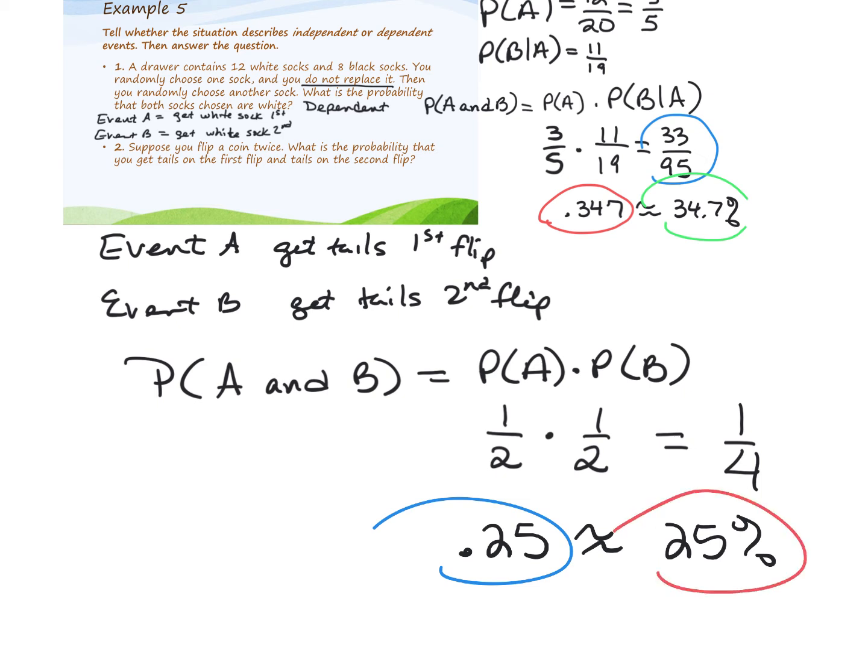So again, be able to recognize all 3 forms. So this is considered an independent event because what I get on my first flip does nothing to my second flip. Now we're going to try an example given some data from a table.